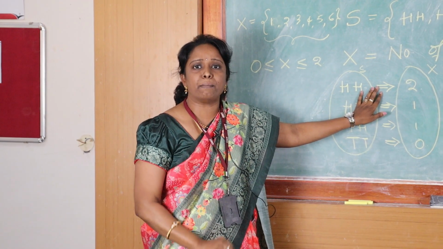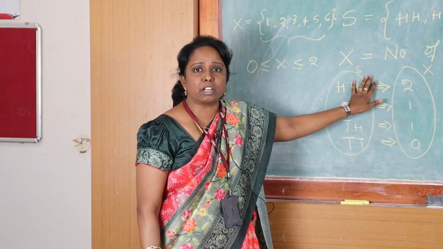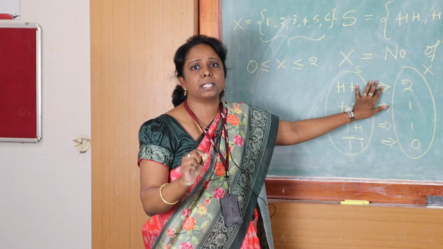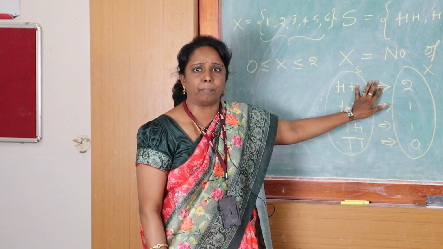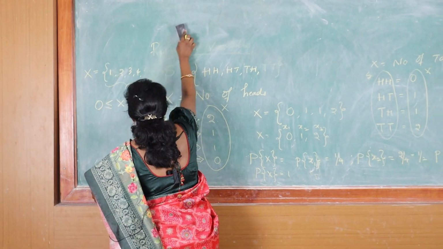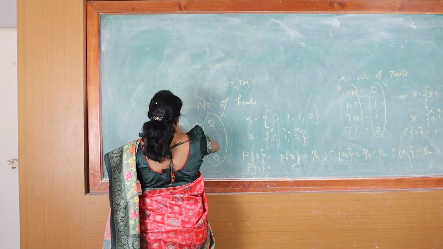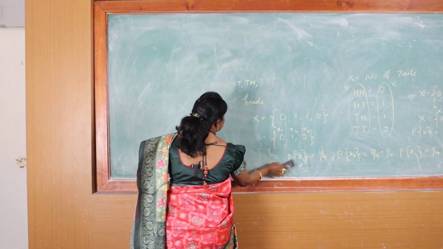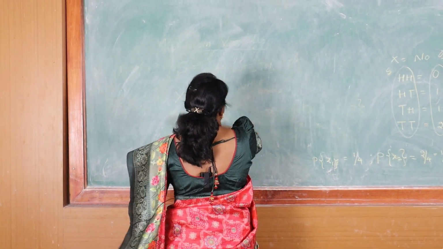So random process can be defined as a function of both variables, sample space and time. It is simply represented as x of t.